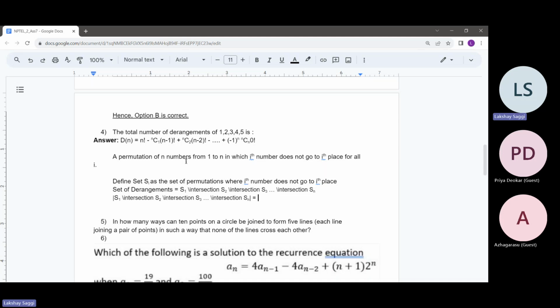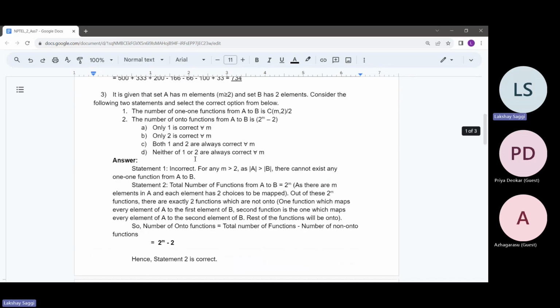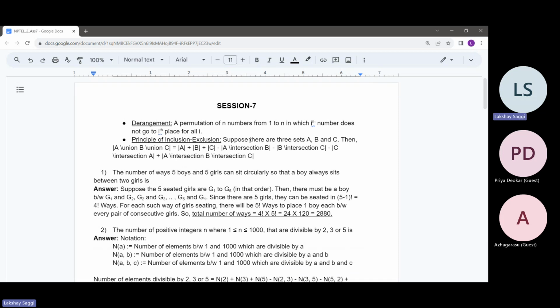So maybe I'll just go back to the first place. I defined the principle of inclusion-exclusion for 3 sets, and I said that this can be extended to n sets also. I defined it in terms of union: the size of A union B union C will be equal to size of A plus size of B plus size of C minus this, minus this, minus this, and then plus A intersection B intersection C in the end.